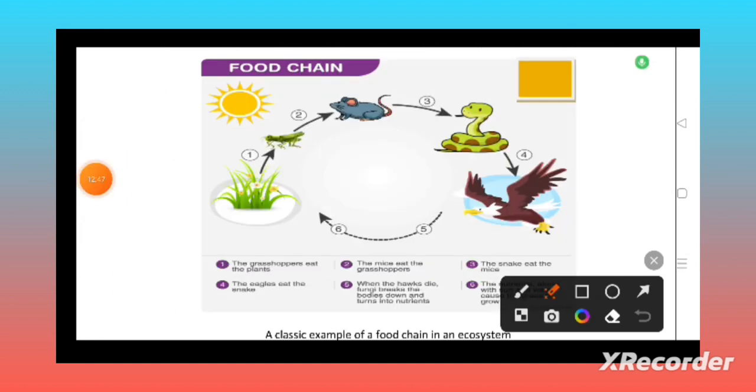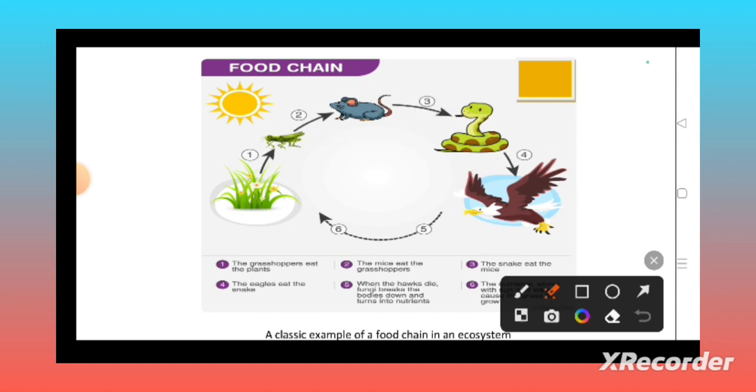Let's come to the food chain. What is a food chain primarily? The transfer of energy from one organism to another through the eating process is known as the food chain. The process of eating and being eaten is known as the food chain.